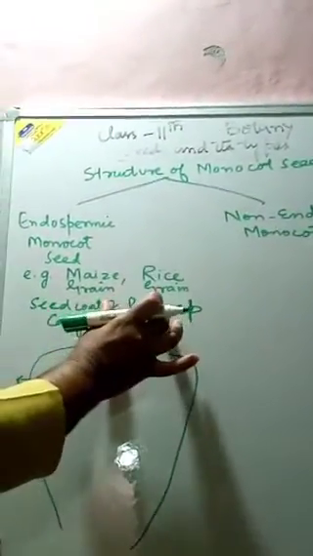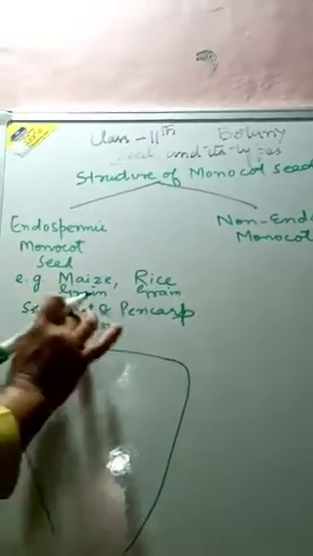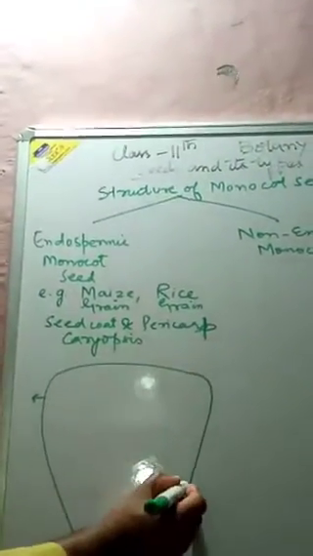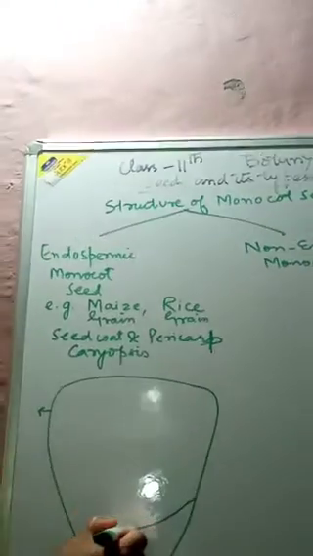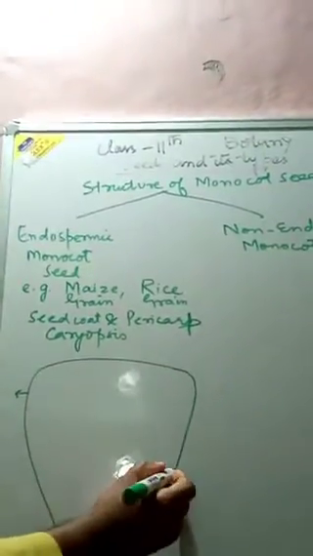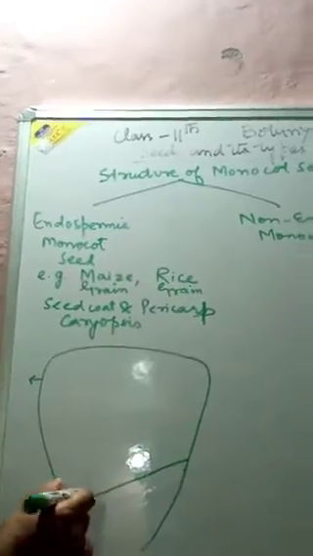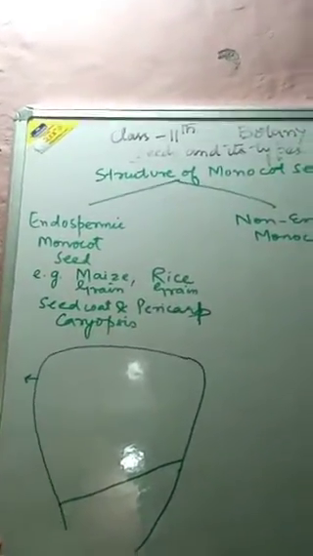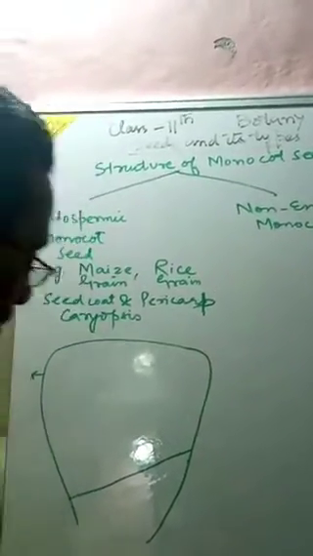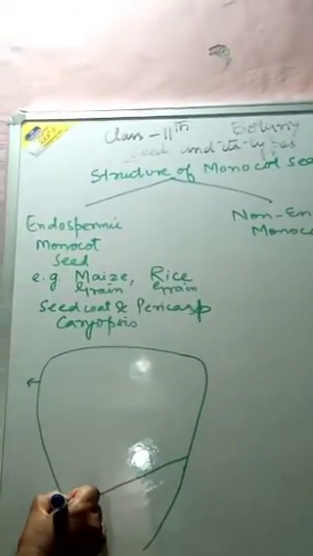The seed coat and pericarp are fused together. It is the grain which is called the caryopsis. Now here we will see there are two partitions. One is the bigger side, another one is somewhat smaller in size. The partition is mainly made up of epithelial cells.